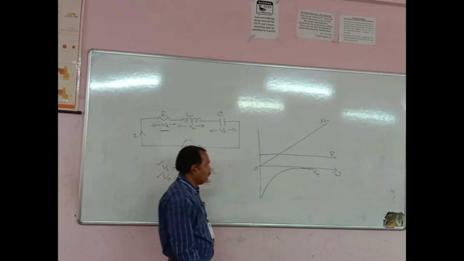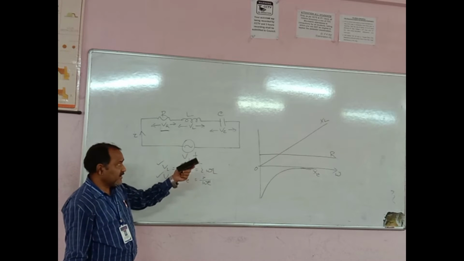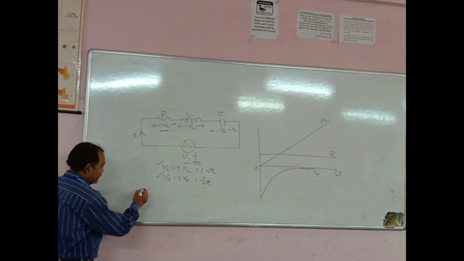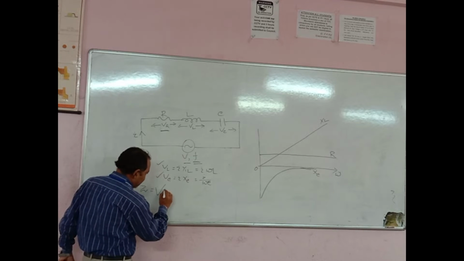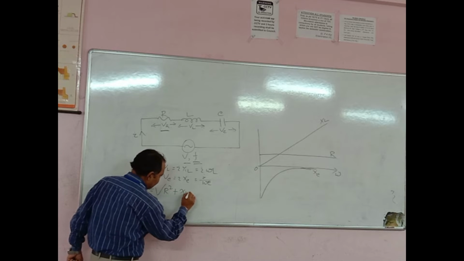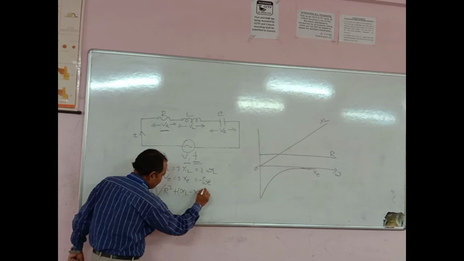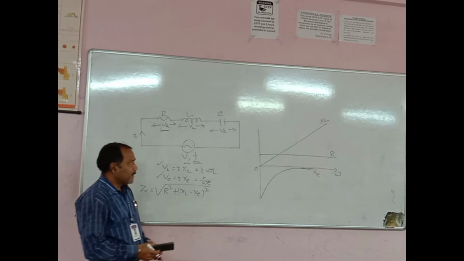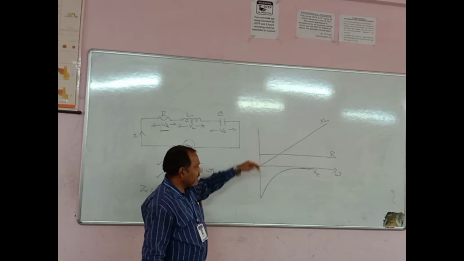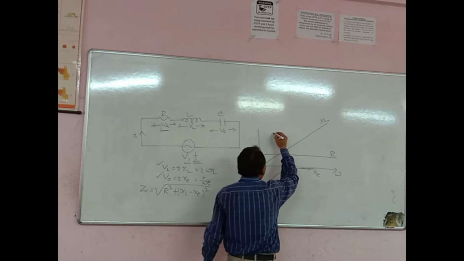This is XC. Now if we add all these, R, XL and XC, because we know that Z, the impedance of the circuit, is given by the square root of R square plus (XL minus XC) square, so if we add all these, Z will become like this.